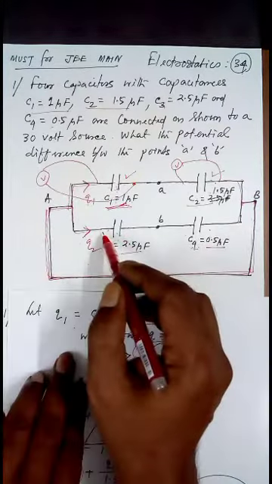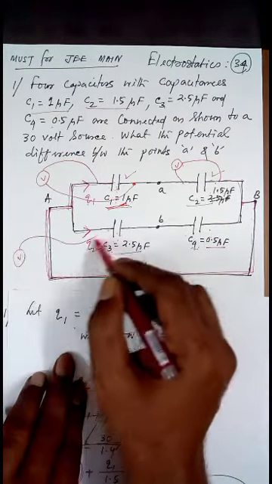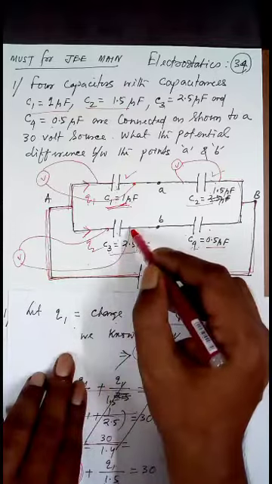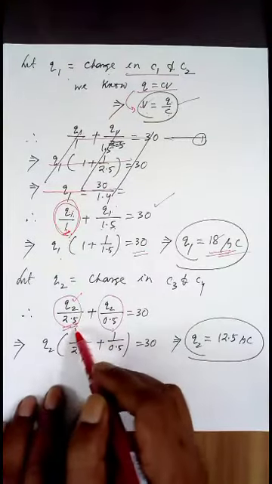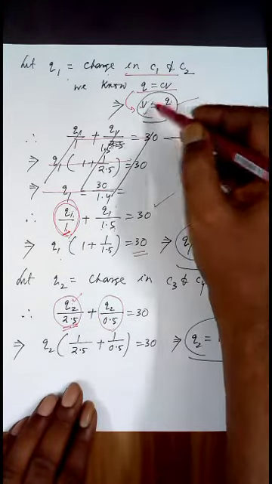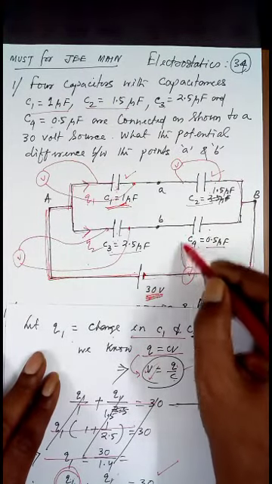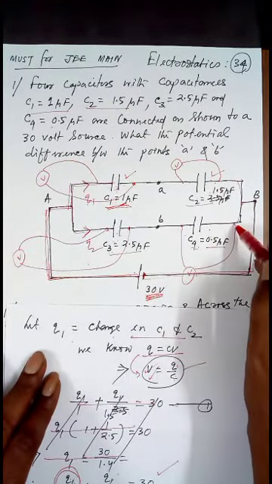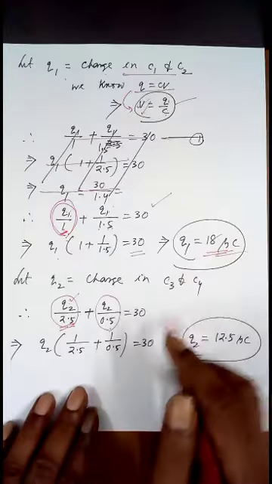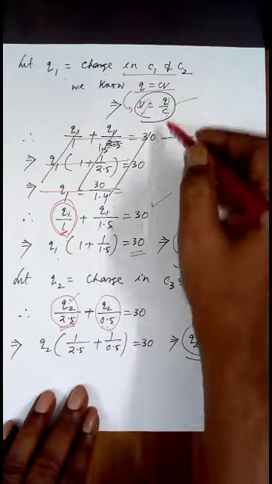So if you connect a voltmeter, one end here, the other end here, you will get a reading Q2 by 2.5, because charge by capacitance is potential. Similarly, if you connect a voltmeter, one end here and other end here, you will get a reading of Q2 by 0.5, because charge by capacitance, Q by C, is volt.